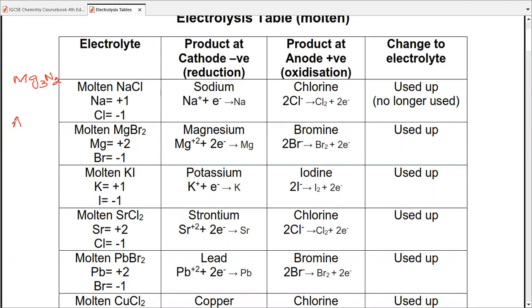Okay, if you're done with this one, let's try aluminum iodide, AlI3.